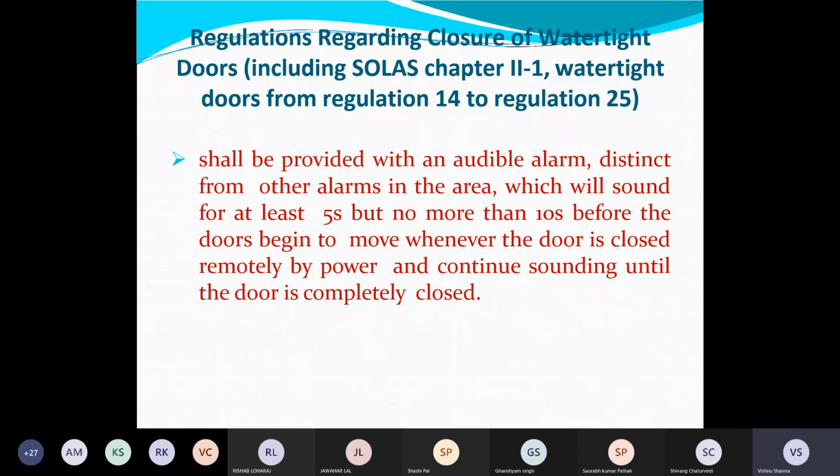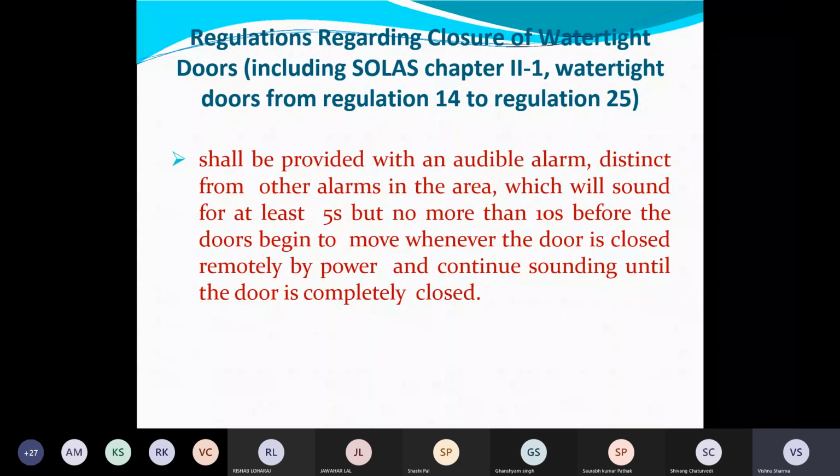Once you give the command for closure, remote or local, the door shall start moving, and before it starts moving, for at least 5 seconds and maximum 10 seconds, the audible alarm must sound and then only the door should start moving.